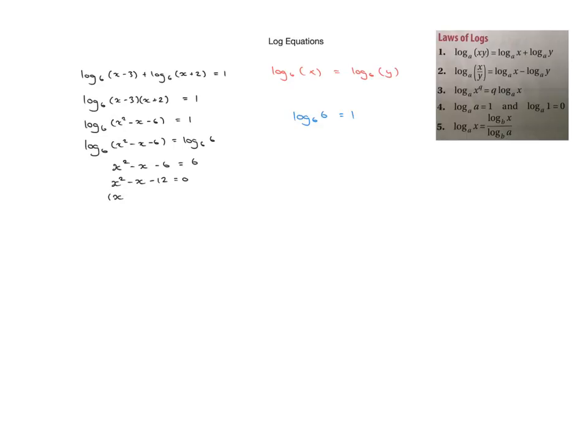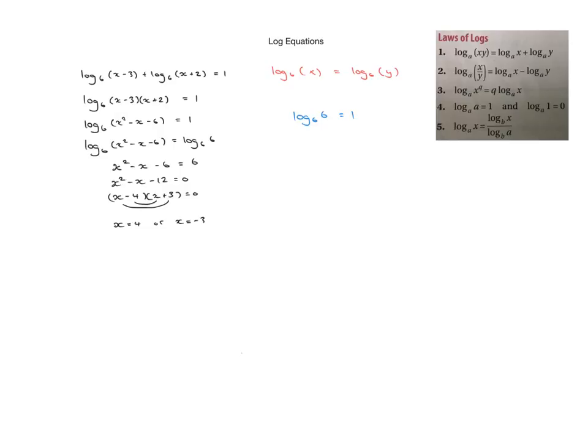So (x, ) (x, ) is equal to 0, and they need to multiply to make minus 12. So we're looking at minus 4 and plus 3, just double check that, minus 4x plus 3x gives me my minus x, and that means that x is equal to 4, or x is equal to minus 3.